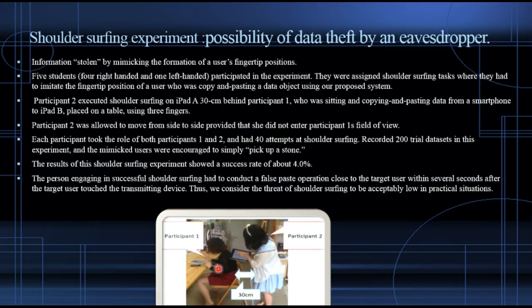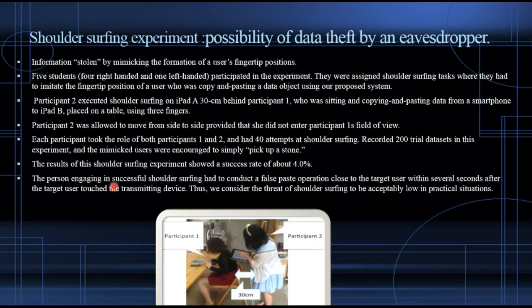Participant 1 is performing a drag operation between some devices, and participant 2 is standing some 30 centimeters behind him, and is asked to perform a copy and paste mimicking the fingertip position of participant 1. So will that work? The success rate was found to be only 4%.